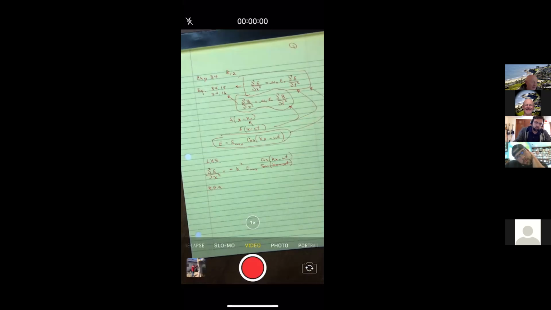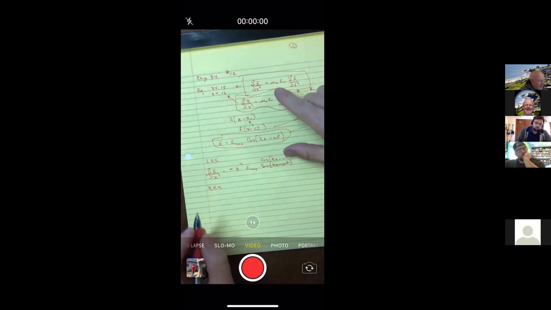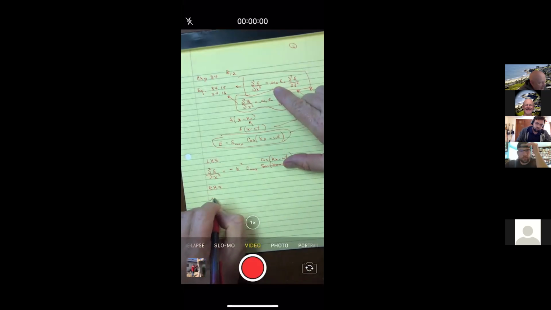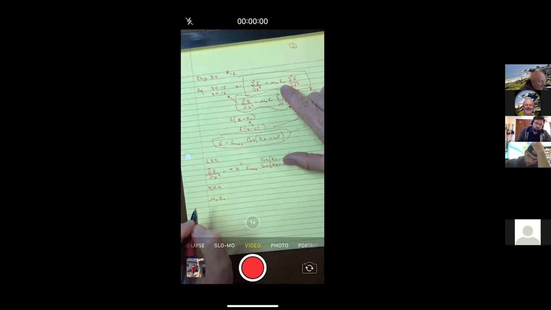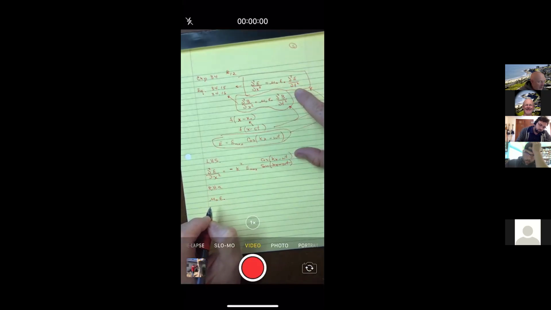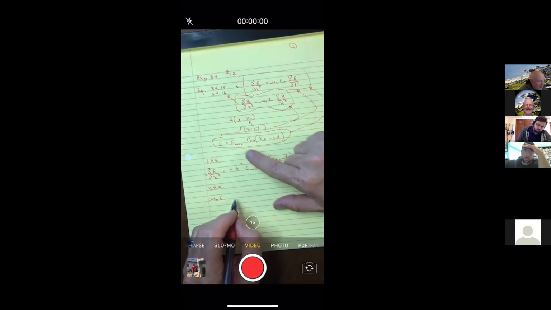Okay, let me go ahead and do the right-hand side. The right-hand side already has the permeability and permittivity of free space. And then it says take the derivative with respect to time twice. Let me do that same kind of thinking.